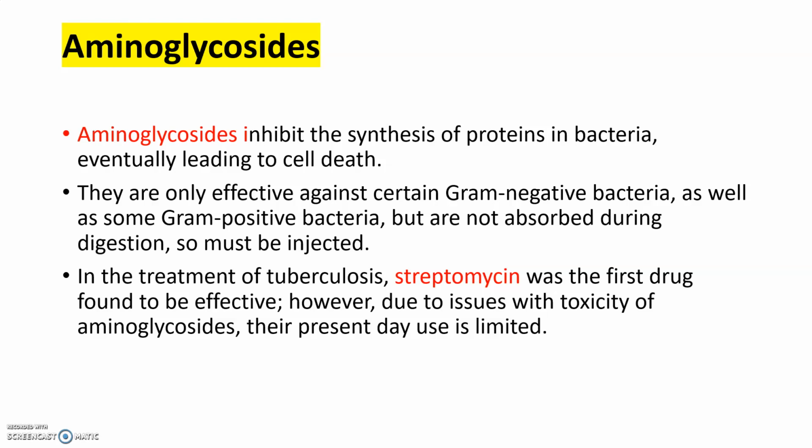So they are not taken orally. They must be injected. In the treatment of tuberculosis, streptomycin was the first aminoglycoside used. It was found to be effective. However, due to some issues with toxicity, their present day use is limited.